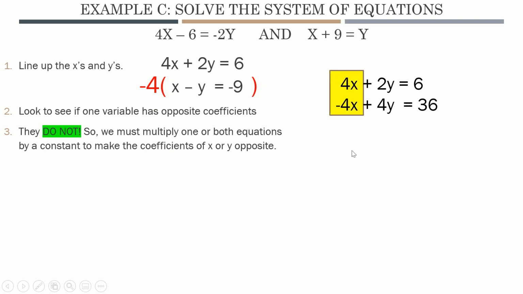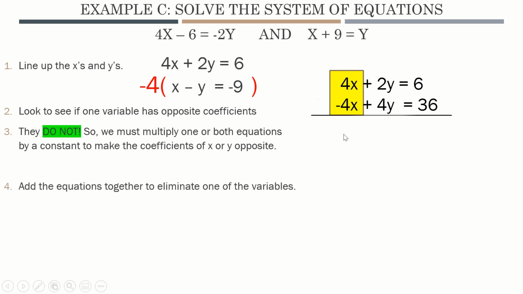And I can see that I now have opposite coefficients, which means that I can add them together like we've been doing. The x's this time will cancel. It doesn't always have to be the y's. And I add up the y's. I now have 6y is equal to 42 because 6 and 36 makes 42.